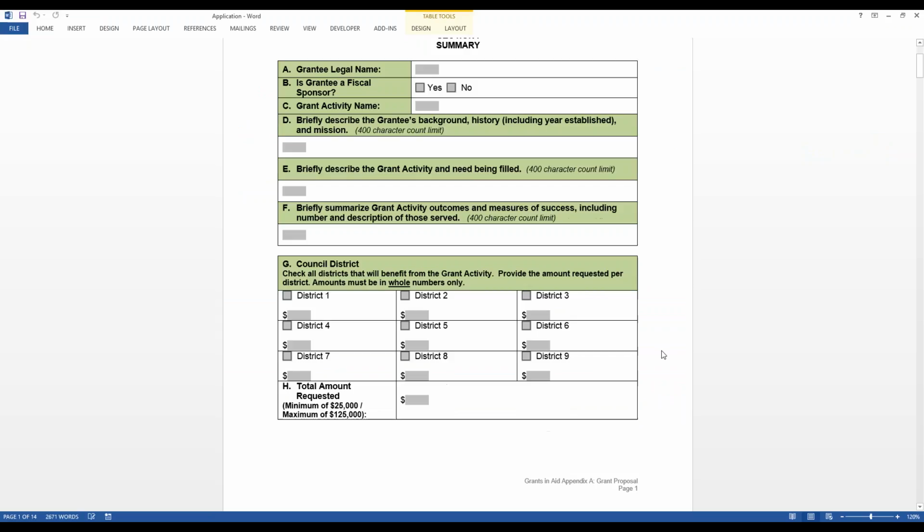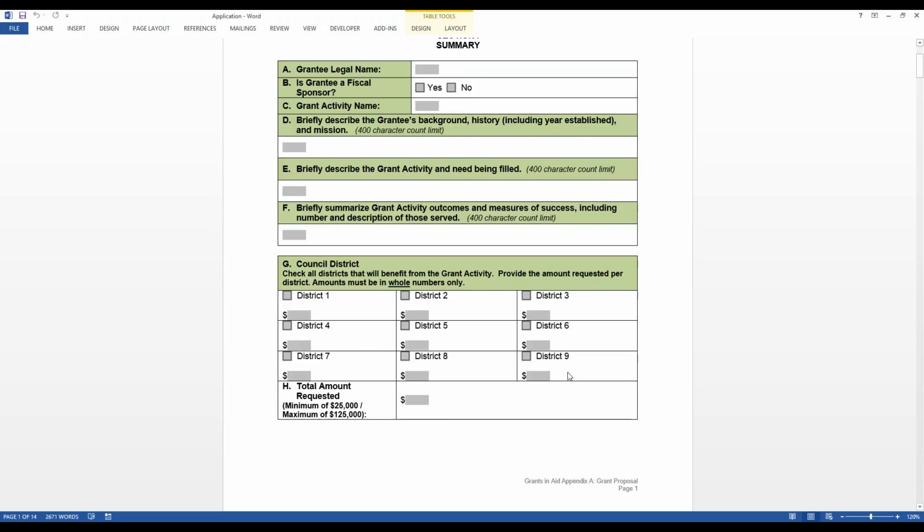So, you tell us which districts you are serving and divide your budget. Let's say you're requesting $100,000. Allocate this $100,000 among the districts that you're serving, the districts that get the most benefit out of your services.